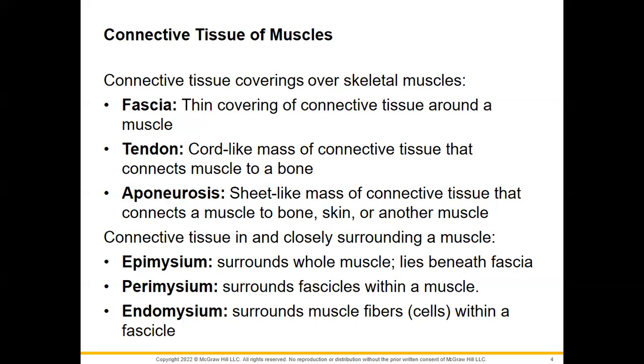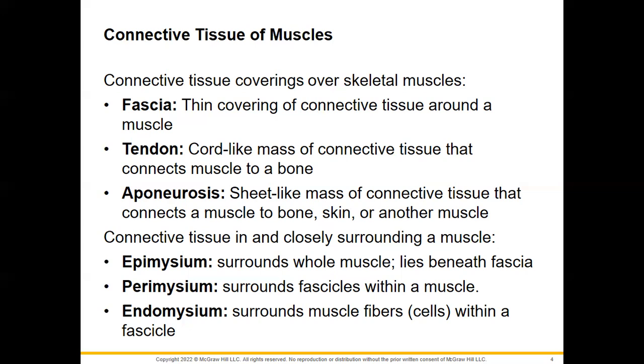Then you have a cord-like mass of connective tissue that is at the end of each muscle, so at each end of the muscle, that connects that muscle to bone. So fascia was a thin membranous type of cover that covers each muscle.